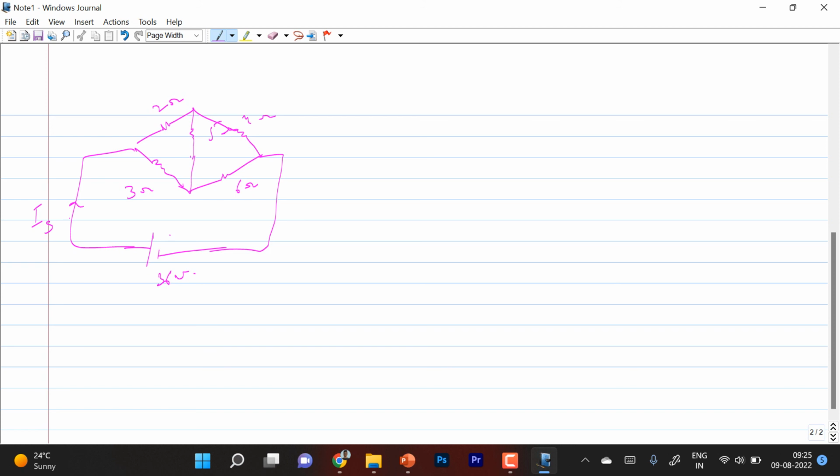So one thing you could have done is, instead of 36 volt, you could have taken this as 1 volt, right? This is how you do it, like using the unitary method. So you will say that I will be equal to 1 volt upon R equivalent, and therefore IS will be equal to 36 volt divided by R equivalent.